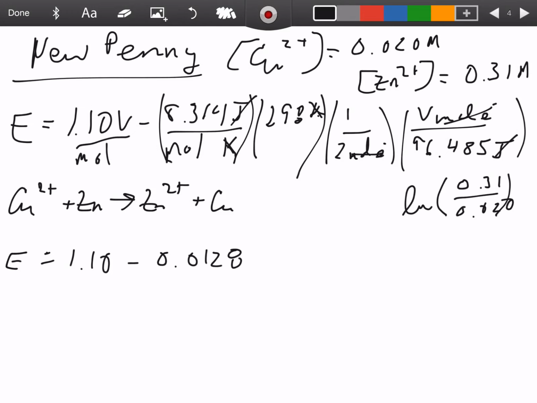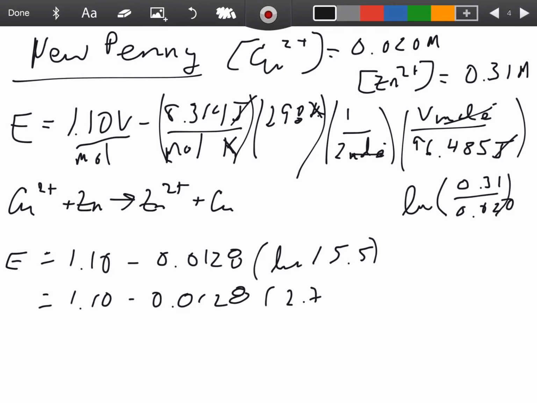Then the ln of 0.31 divided by 0.020, which is 15.5, is 2.74.